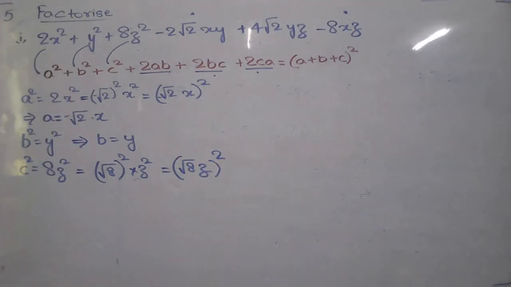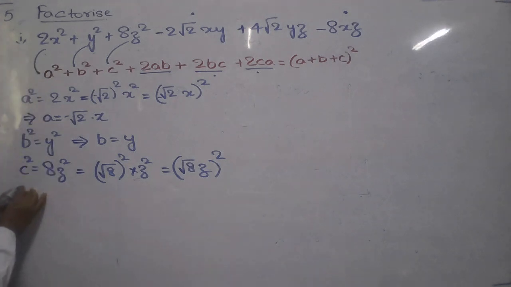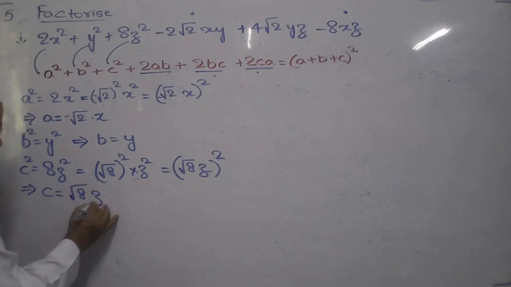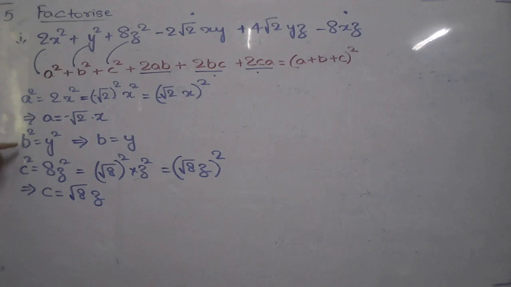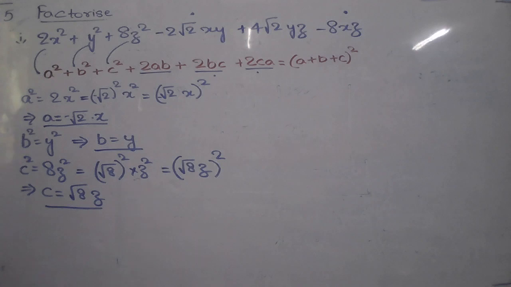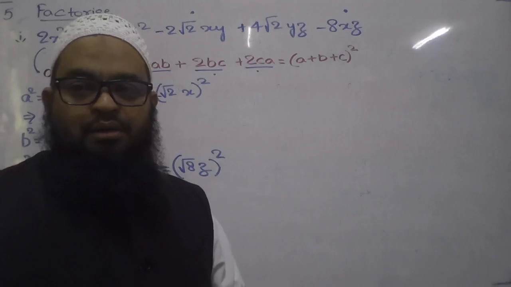Root 8z whole square. Understood? So that implies what is c? That implies c is equal to root 8z. Is it right? So now we got A and B and also we have C. If you underline it, everybody, the one who is correcting your papers will understand it.